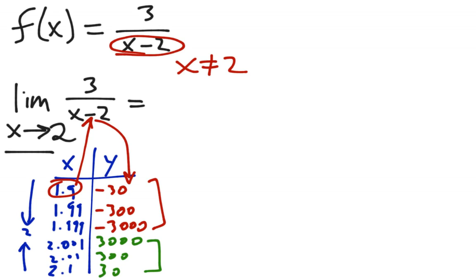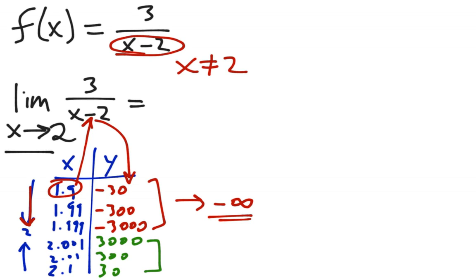Negative 30, negative 300, negative 3,000. As x is approaching 2 on this side of 2, these numbers are approaching negative infinity, right? They're getting really, really big on the negative side, and if you continue plugging in numbers that are even closer to 2, you're going to get larger negative numbers.